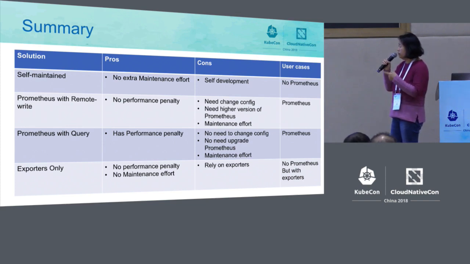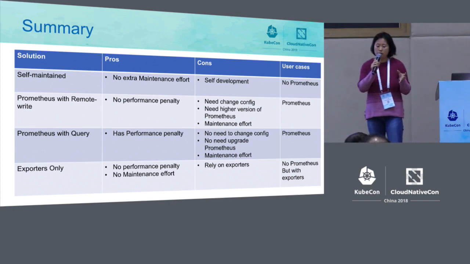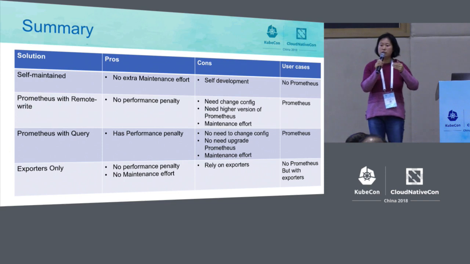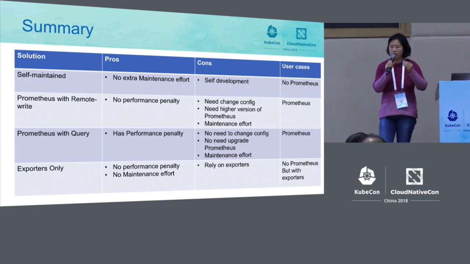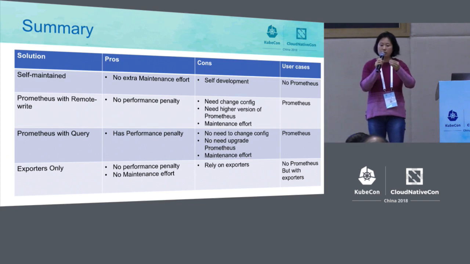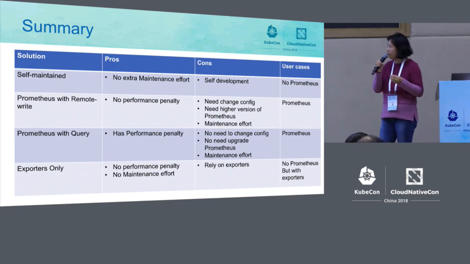And the third solution is Prometheus with query. In some scenarios, the team wants to take the key metrics out for long-term storage. As I mentioned before, for some metrics, they don't need to change, and they just need a small or limited amount of the metrics, and there is no significant impact on performance.